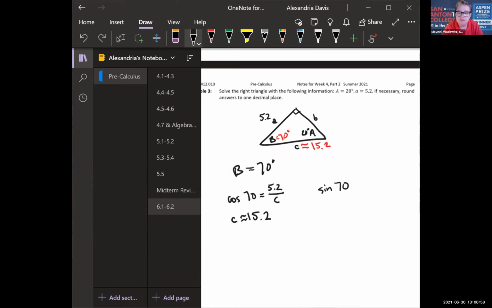How did you find little c? Oh, cosine. Okay, never mind. So cosine. Sorry. Yeah, you're right. Cosine of 70 is little a over c. Little a is 5.2. So yes, this is a way to find c.